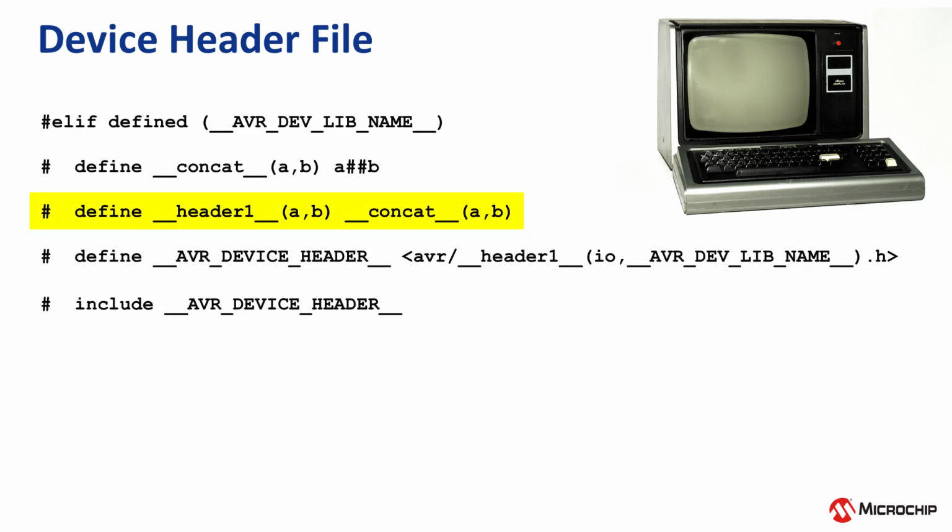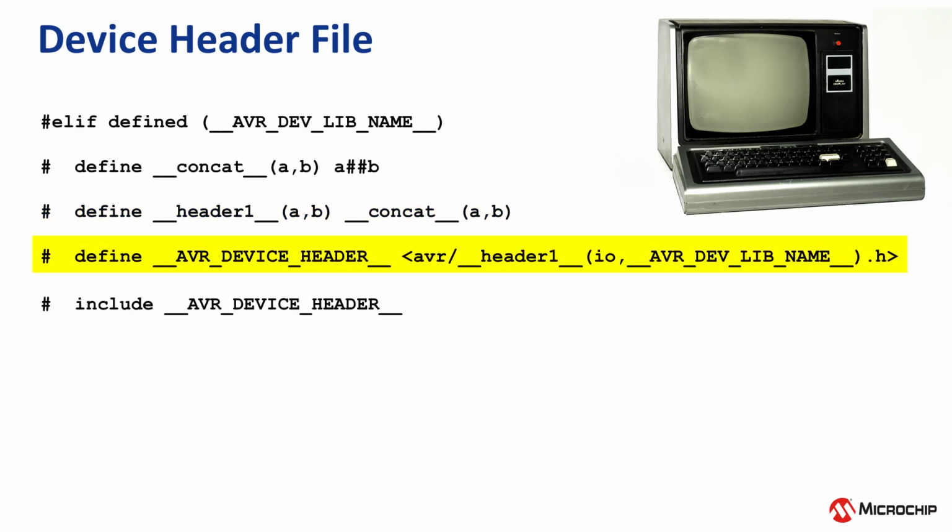Then the next line defines header 1 with A/B parameters as the concatenation of A and B. Now the third line defines the AVR device header as AVR/, then the concatenation of IO and the AVR device library name. So basically, these three defines build up a string that will be the device header file include.